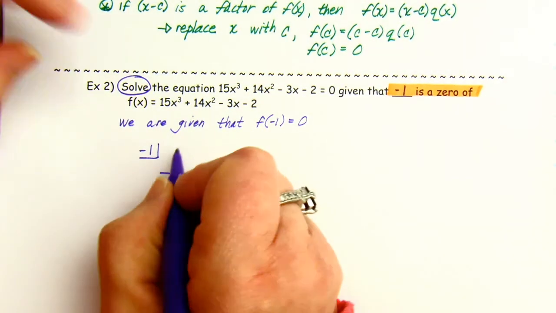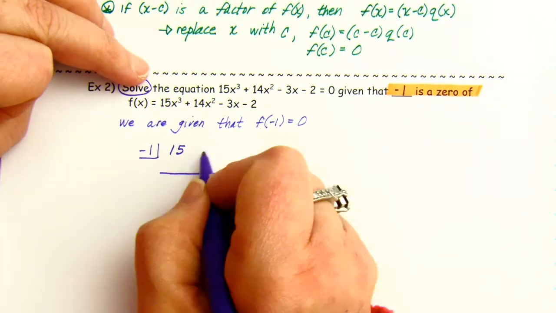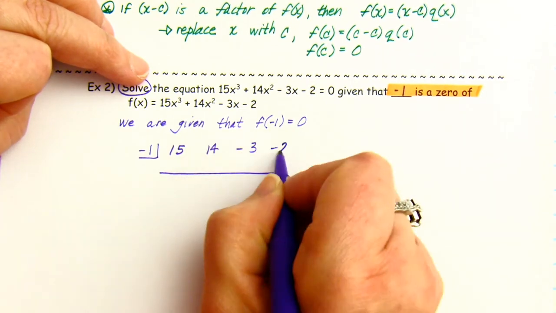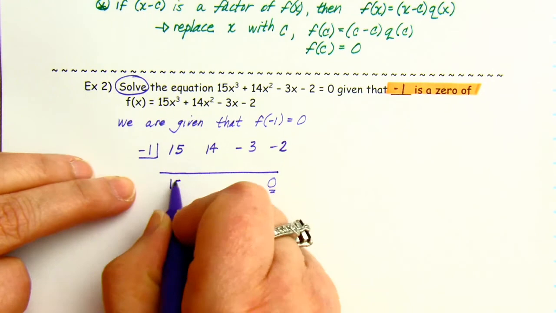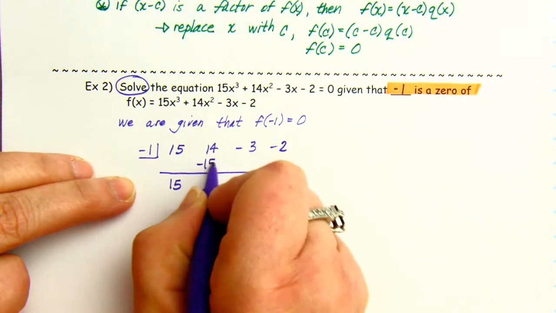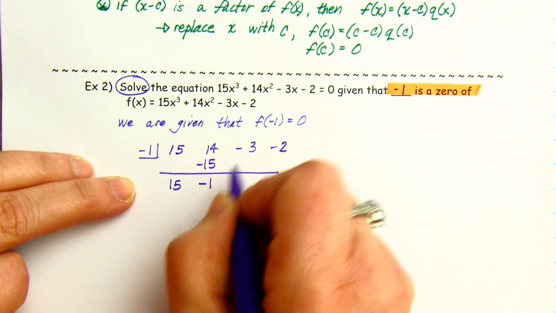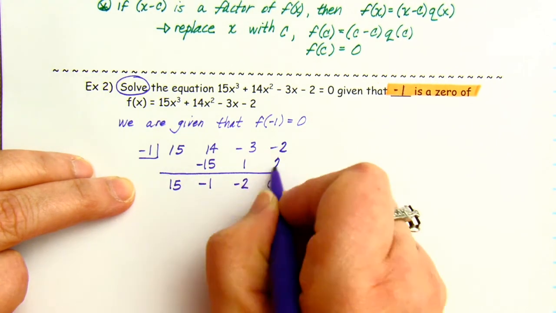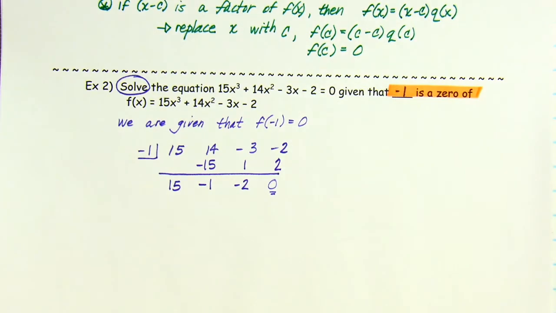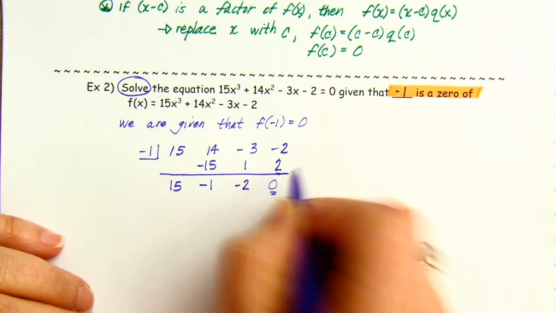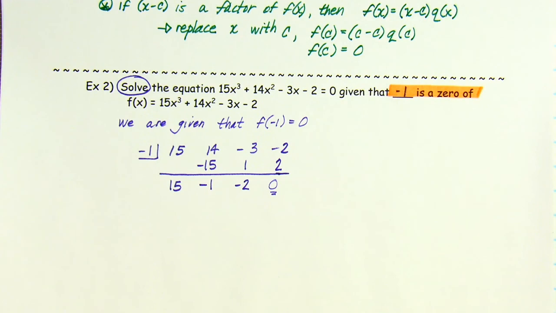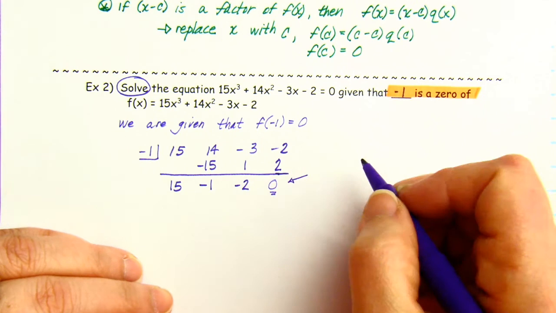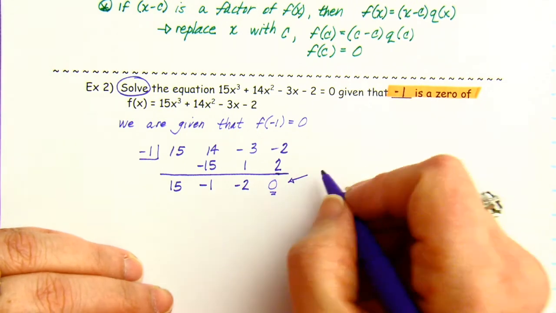You must use synthetic division for these. 15, 14, -3, and -2. Okay, drop it down. Multiply. Add. Multiply. Add. Multiply. And it does equal 0. Okay, so -1 is 0. So we're going to write here the remainder, 0.